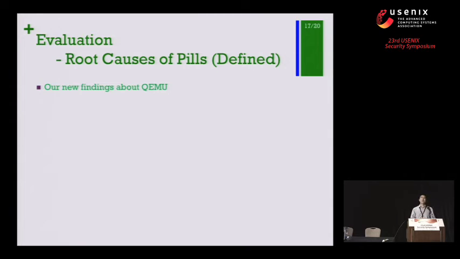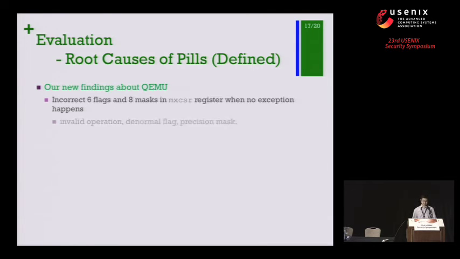However, we find some more important new features of QEMU. First, QEMU failed to update the flags and masks in floating point control register. Second, we also find that QEMU failed to update floating point status register.